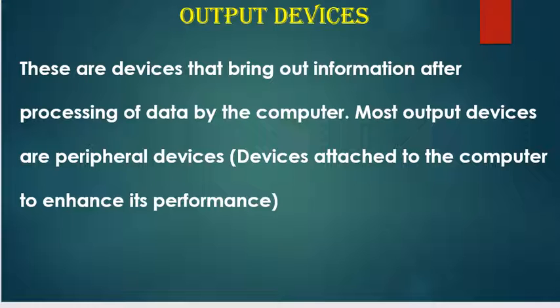And most of these devices are also known as peripheral devices, in the sense that most of them are not part of the computer, but they are being connected to the computer to display or bring out information.